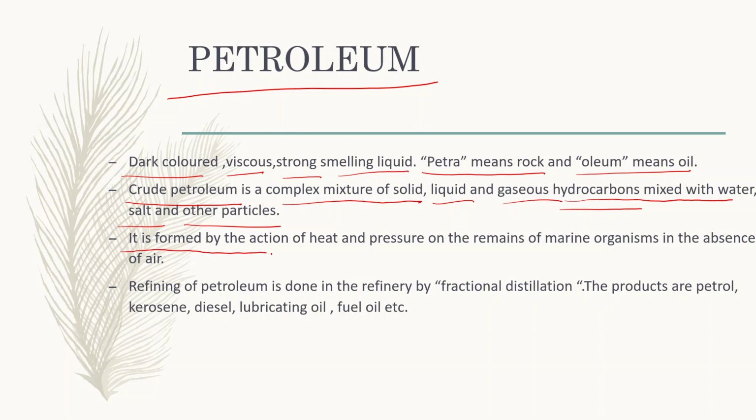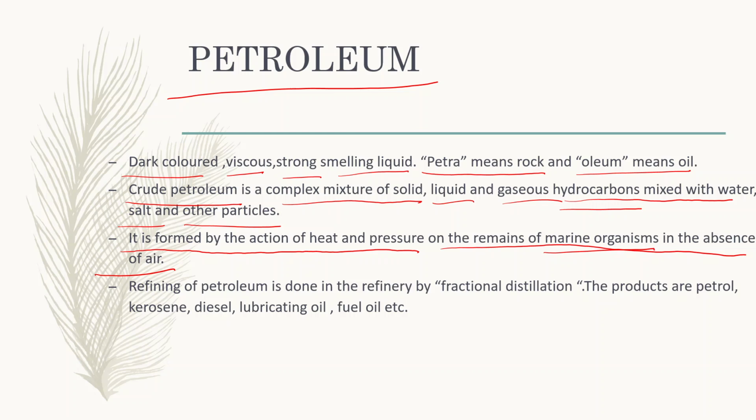Petroleum is formed by the action of heat and pressure on the remains of marine organisms in the absence of air. Similar to the process by which coal is produced, petroleum is also produced from the remains, mainly the dead remains, of marine organisms.